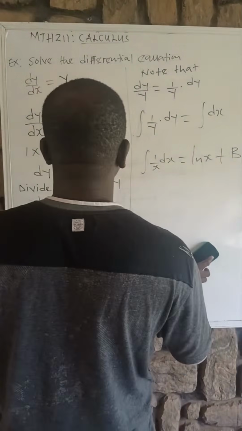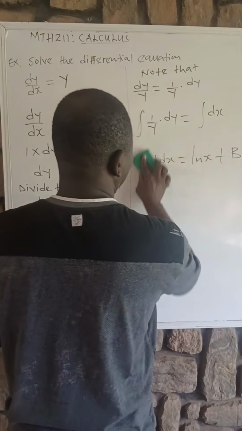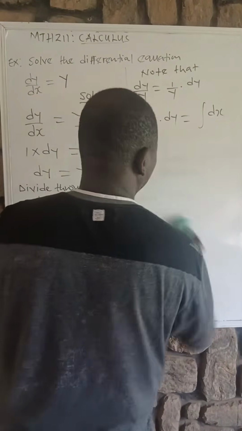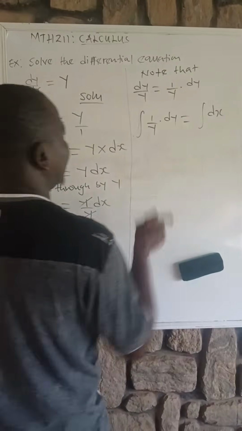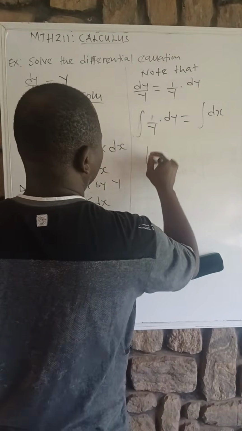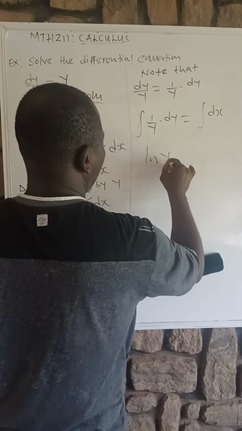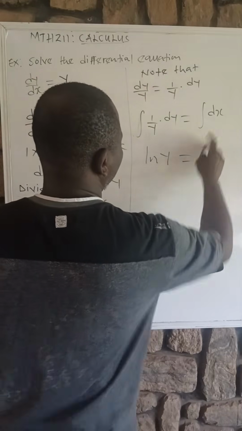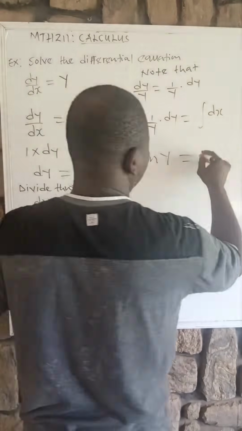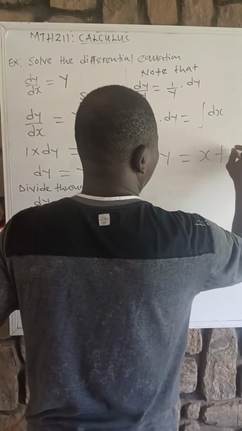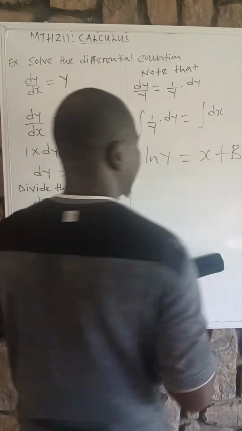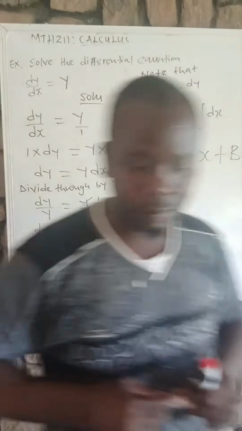Okay. So far, this implies that we are going to have what? ln y equals, if we integrate dx, we are going to have x plus b. Do you agree with me? Please look at the board.